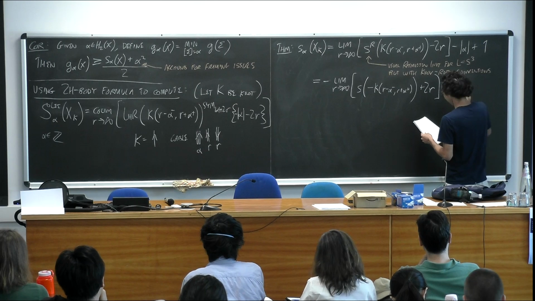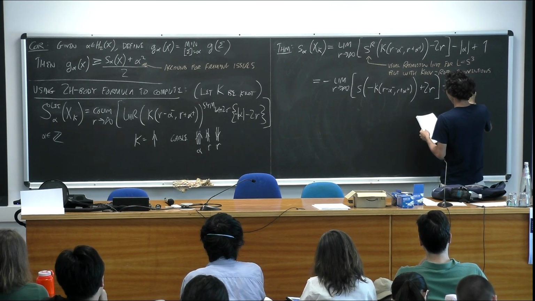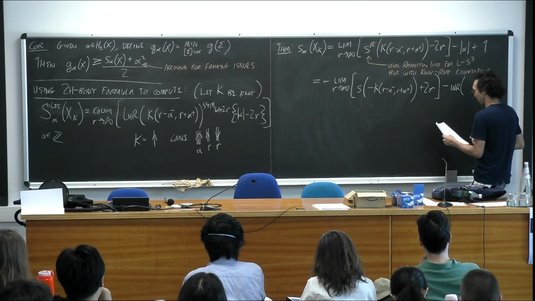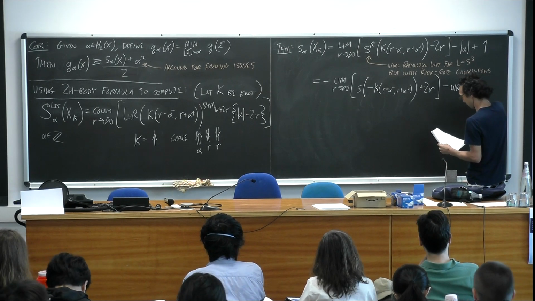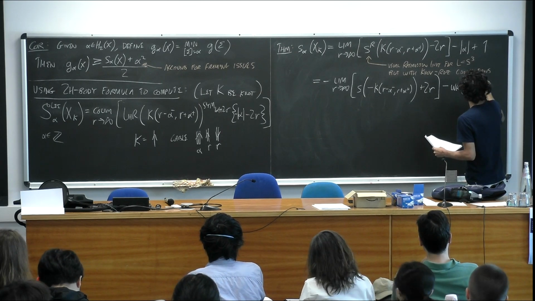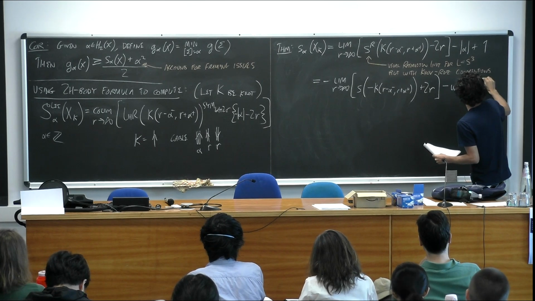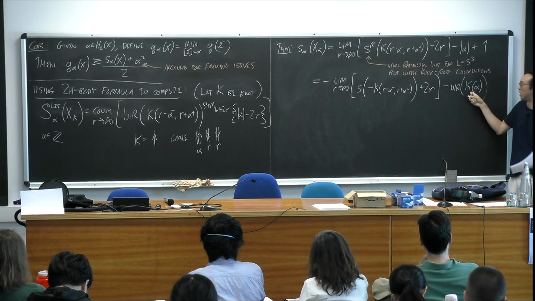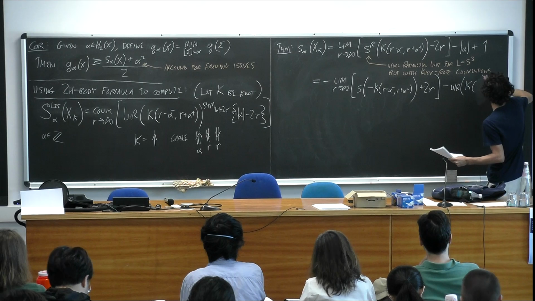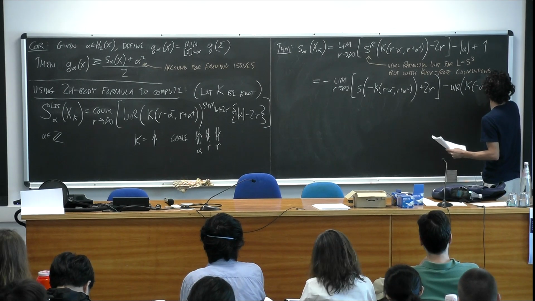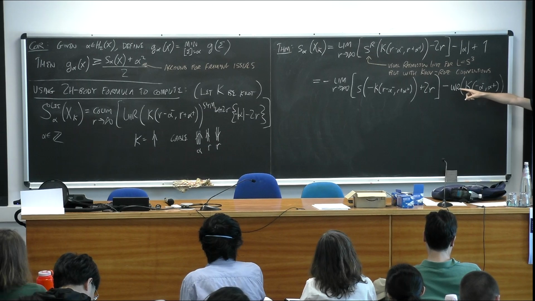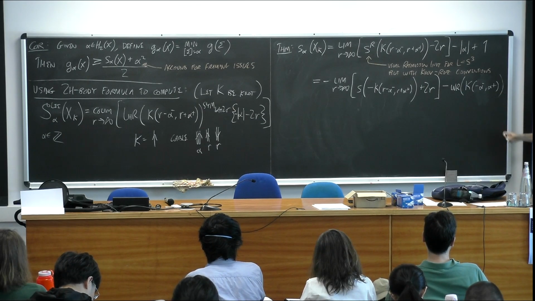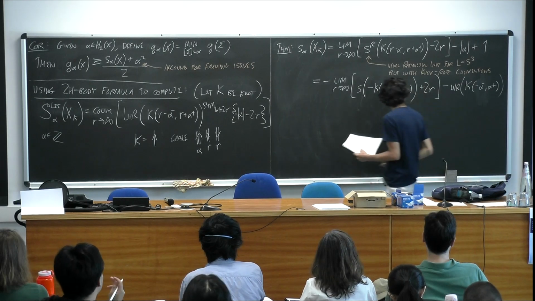Well, no, the writhe really isn't changing as we change R. So the writhe is the base case, the R equals 0 case.